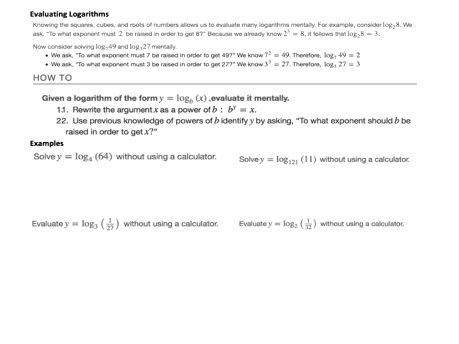All right, so given a logarithm, to evaluate it mentally, you can rewrite it in exponential form. I like to set up the question that it asks, and that's the second thing that they mentioned there, to what exponent should b be raised in order to get x.